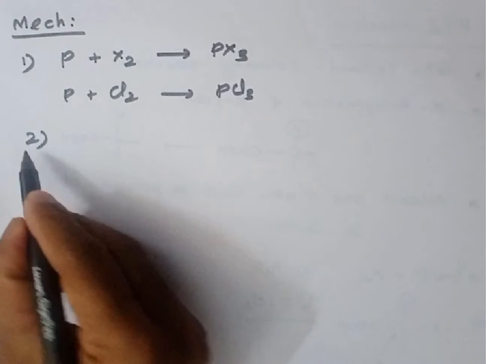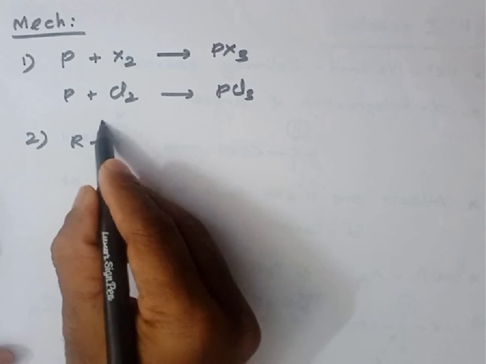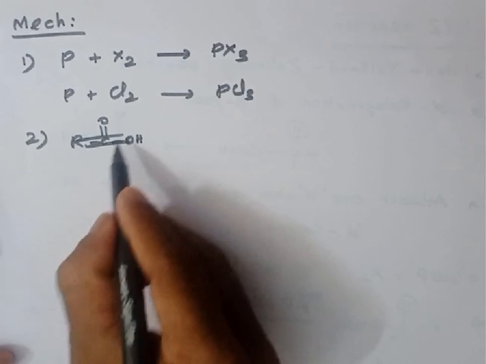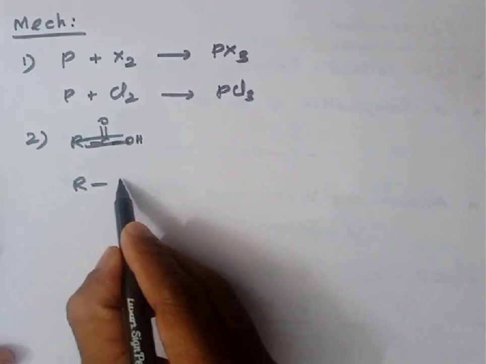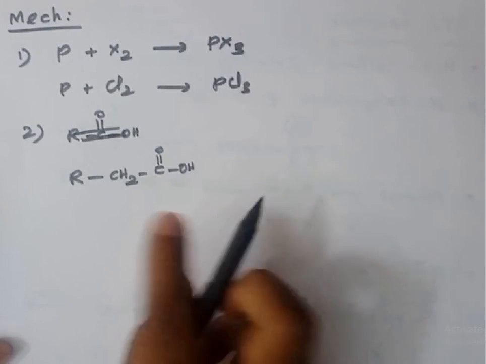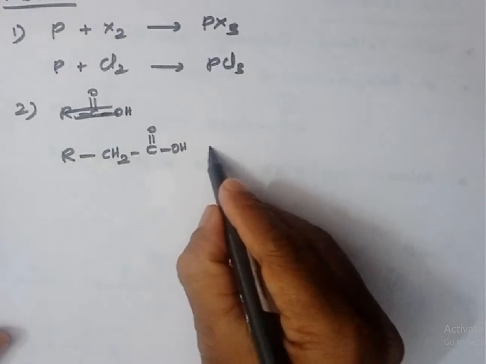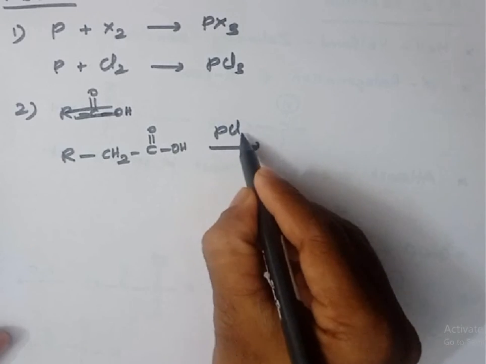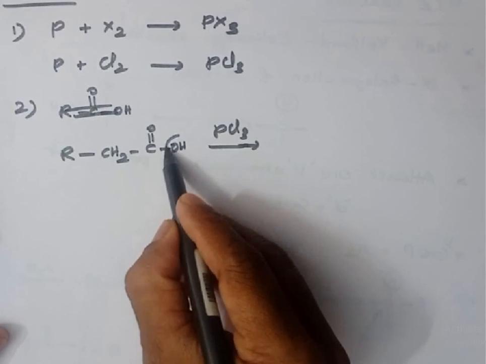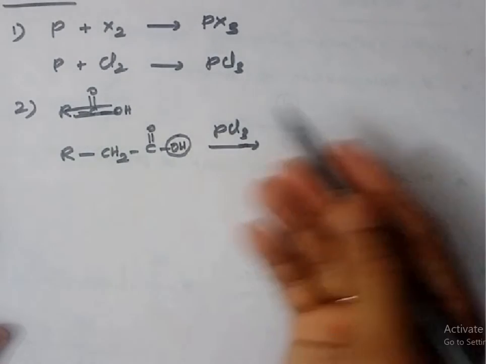Then in the second step, the carboxylic acid, the example that I have chosen here is RCH2COOH, will react with the PCl3. Listen, what PCl3 will do is replace this OH group by chlorine.